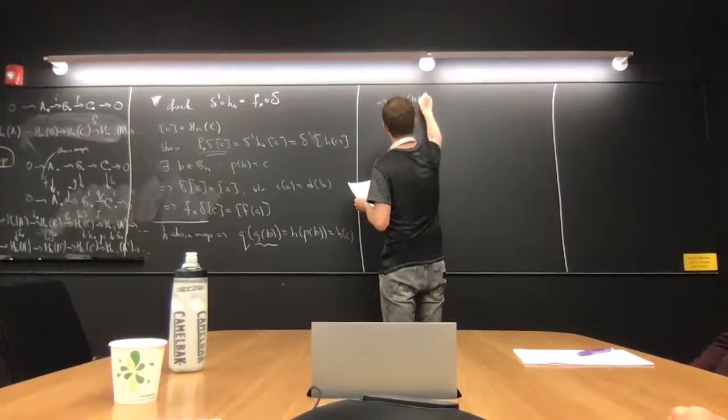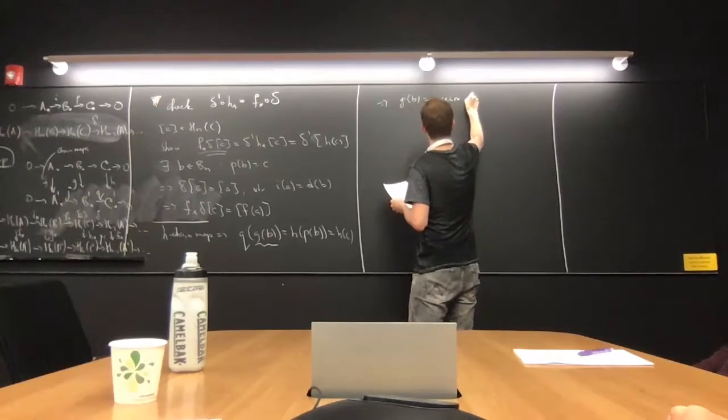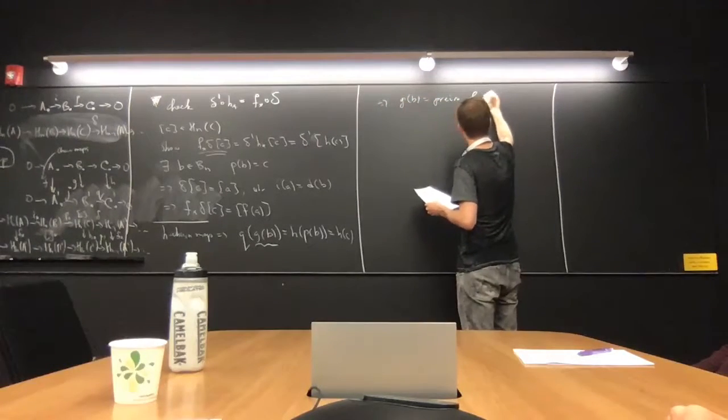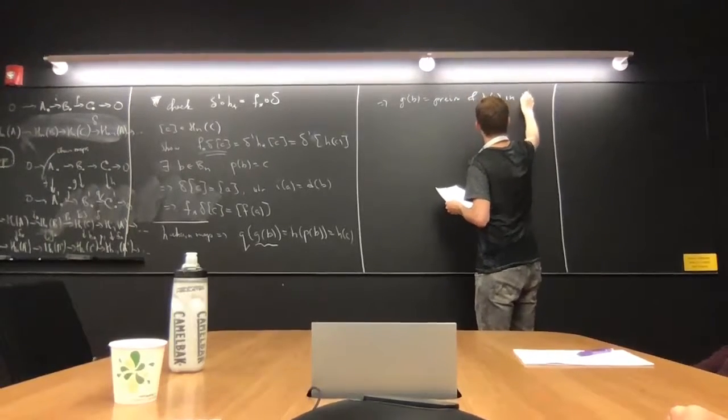So G of B is a pre-image of H of C in B prime.